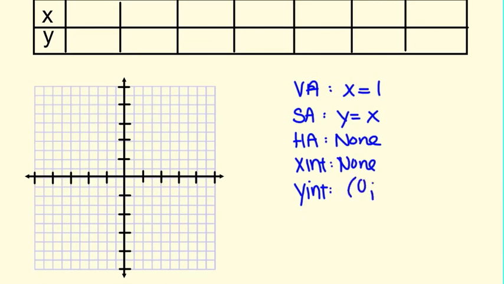All right, let's graph what we have so far and then find additional points if need be. So I'll scale it by 2. So this is 1, 2, 3, 4. All right, vertical asymptote, x equals 1. The slant asymptote has a y-intercept of 0 and a slope of 1.